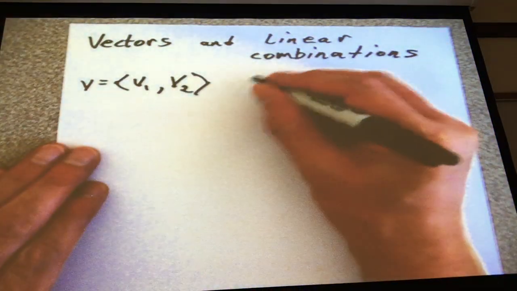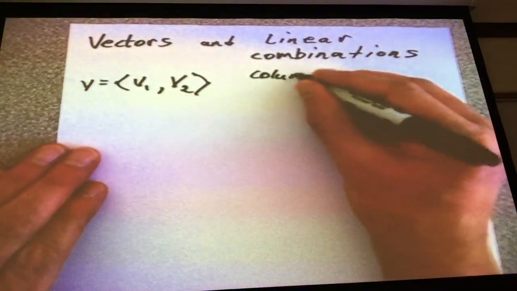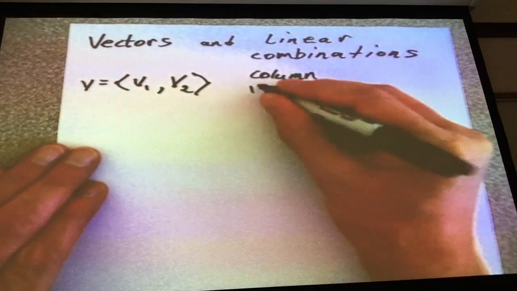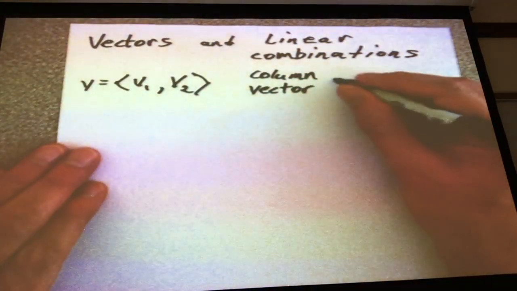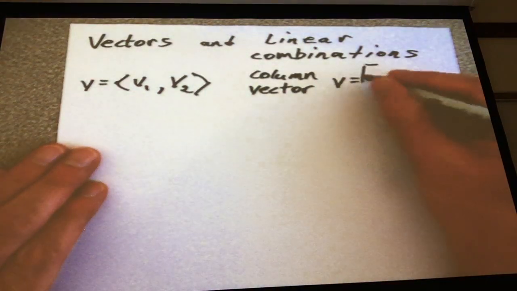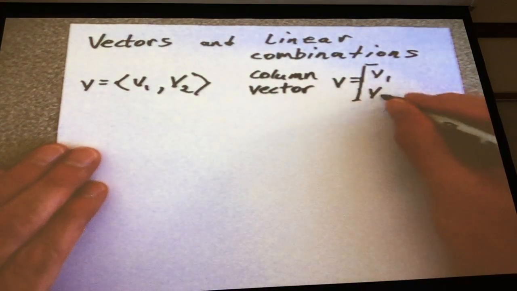Or you can write it as a column vector, V1, V2.